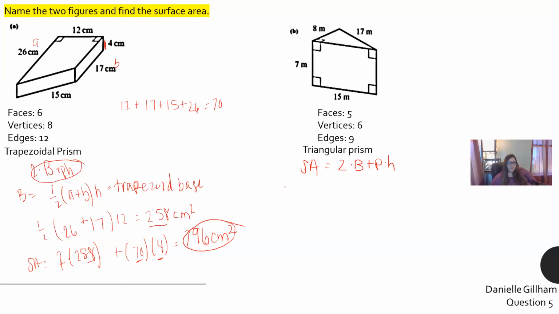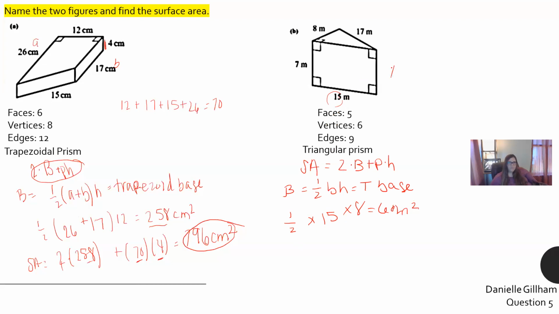So first we need to find our base. Base equals half times base times height, the triangle base, and half times 15 right here times 8, and that is 60 meters squared.